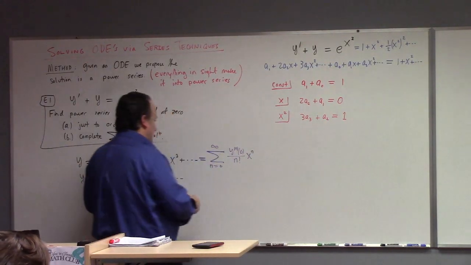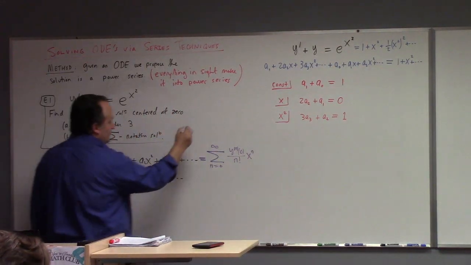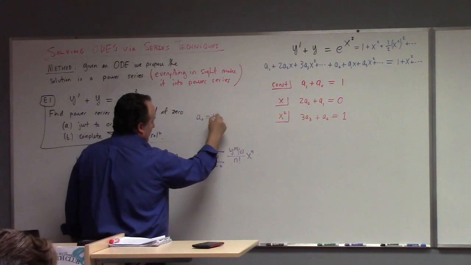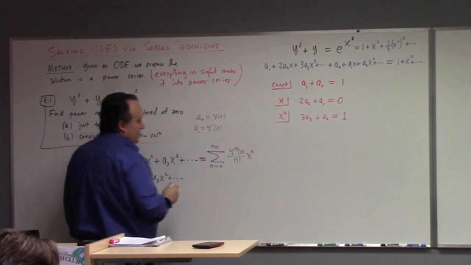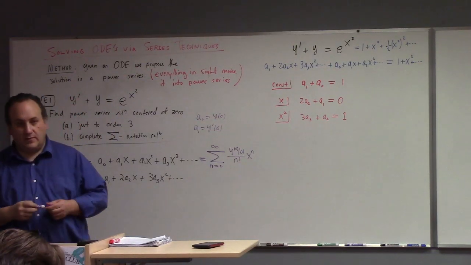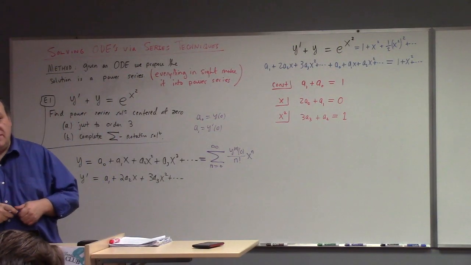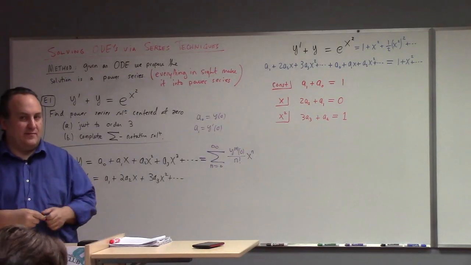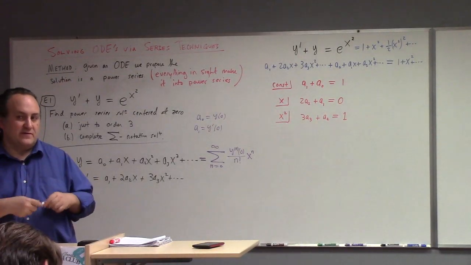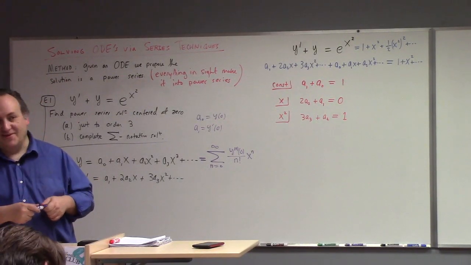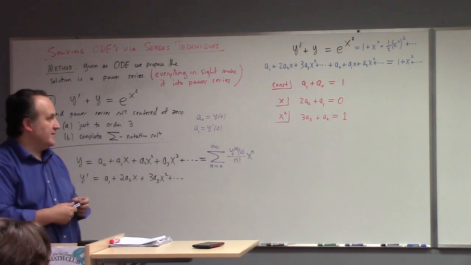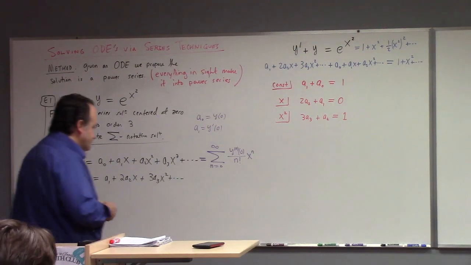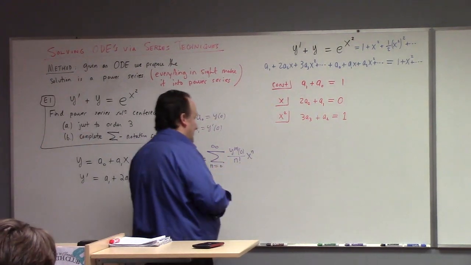So a0 is y of 0, a1 would be y prime of 0, et cetera. Can you specify both y of 0 and y prime of 0 independently for a first order differential equation? No, you cannot. Only one data point for a first order differential equation can be given without stipulation.